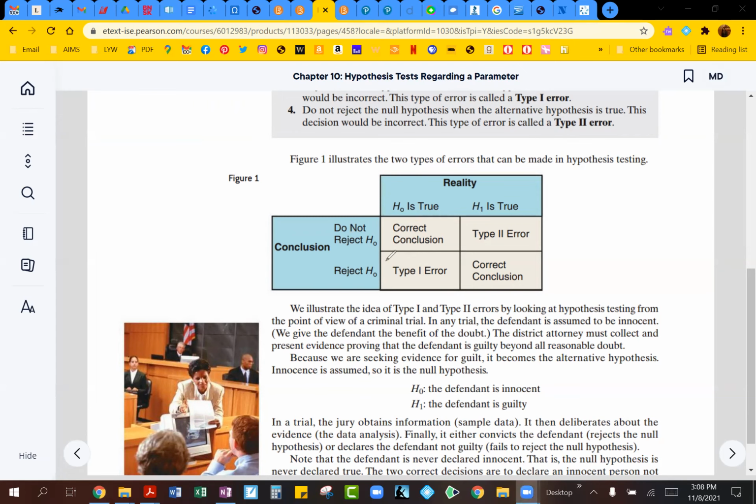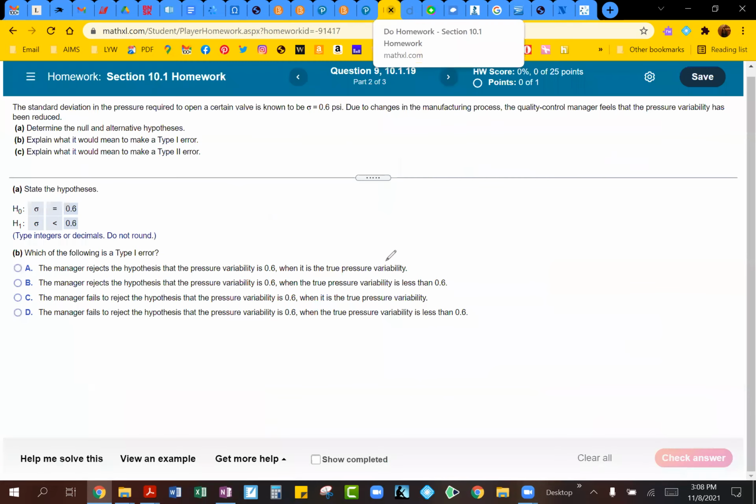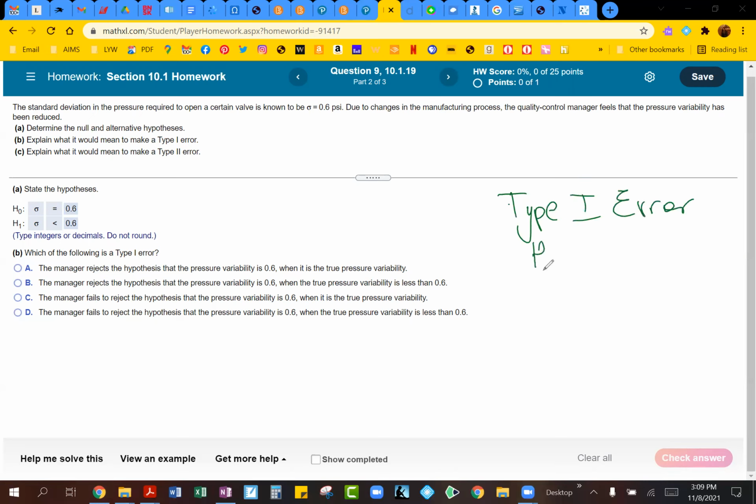For our example, if you look at the different statements over here, the first says the manager rejects the null hypothesis when it is the true pressure variability. The second one says the manager rejects the hypothesis that the pressure variability is 0.6 when the true pressure is less than 0.6. So remember, type 1 error is when the null hypothesis is true and you end up rejecting it.